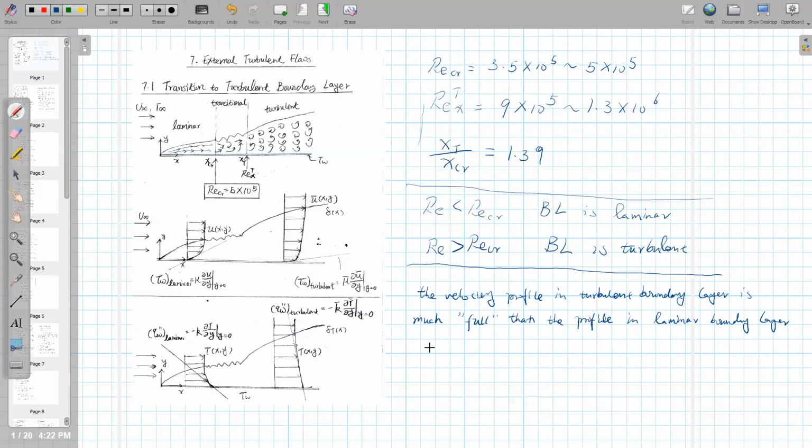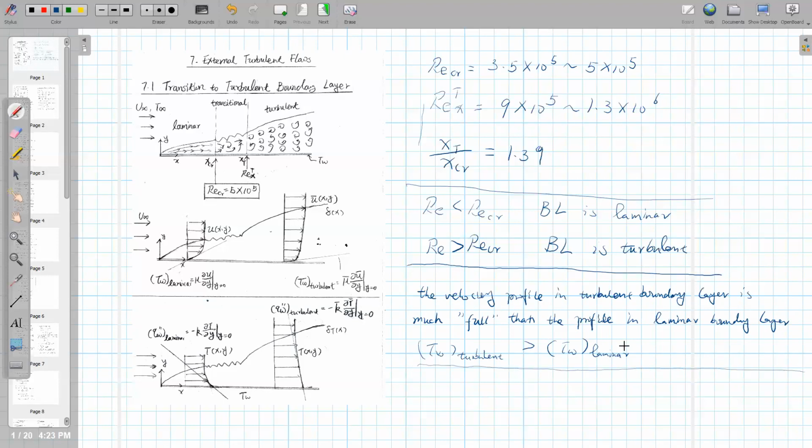This means that tau_w in the turbulent case will be larger than tau_w in the laminar case. This is telling us that in the turbulent case, we will have larger wall friction. So this is the first thing we can observe from the velocity profile.